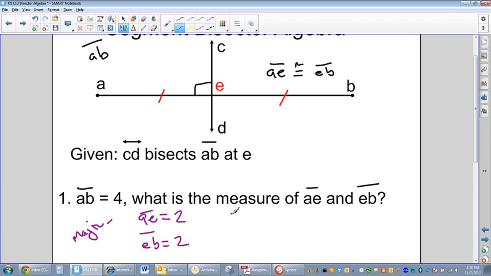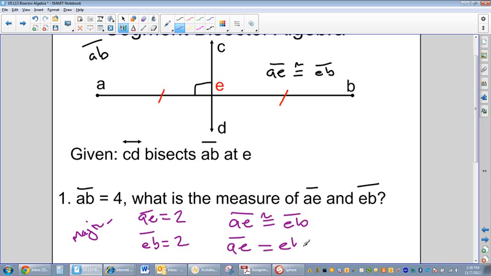Yeah. So if AE is congruent to EB, what else are they? If they're congruent, they're also the same or equal. So if they're congruent, they're also equal.